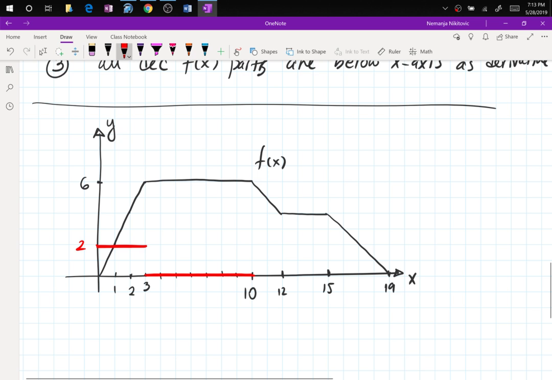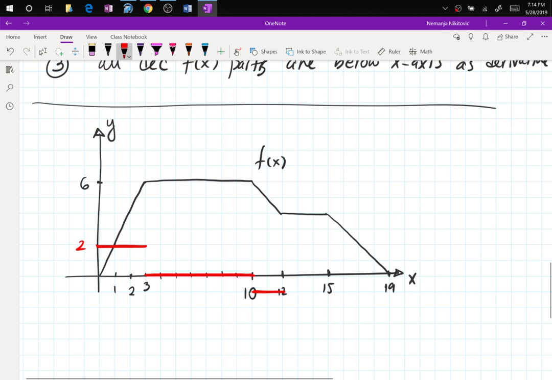Now, from 10 to 12, it dropped down 2 units. So what should be my derivative? Increase. What's the value? -1. The slope from 10 to 12 is -1.